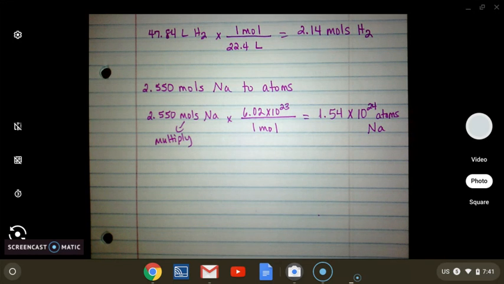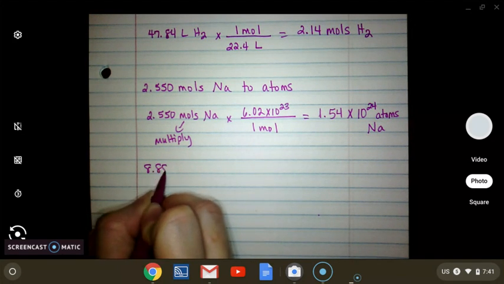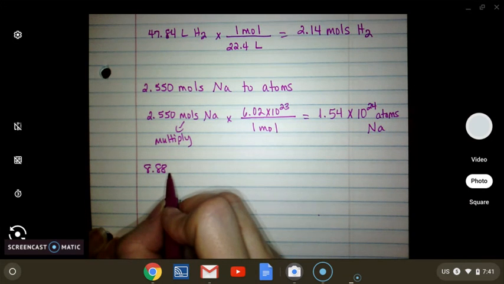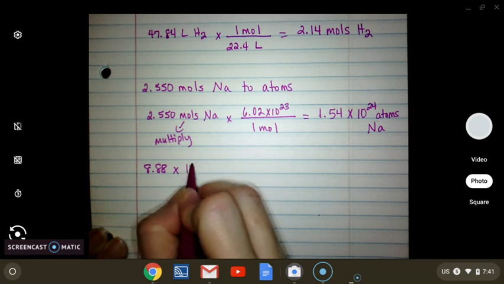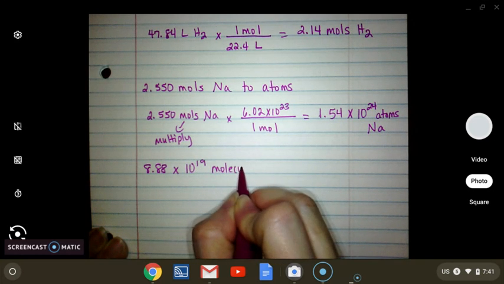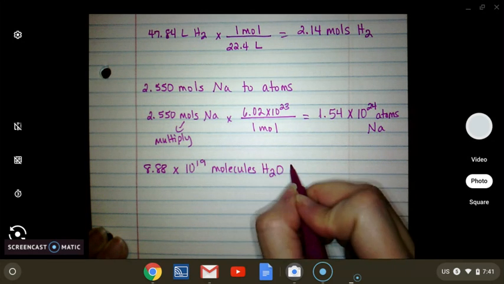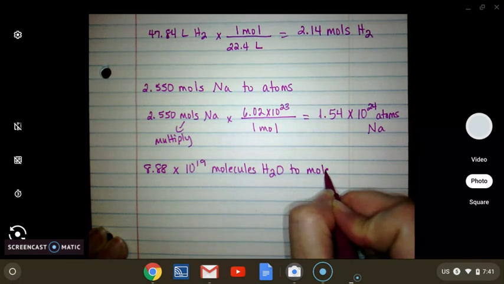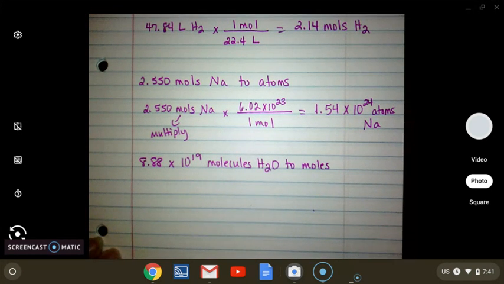All right, and then we're going to do one that's opposite. We're going to do 8.88 times 10 to the 19th molecules H2O, and we're going to moles. So remember, anything other than moles, you divide.